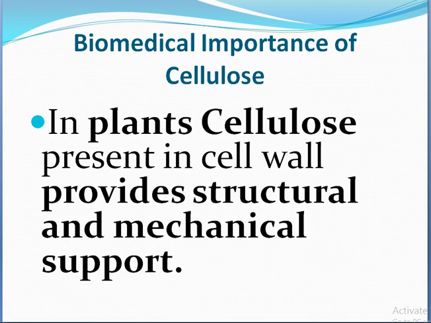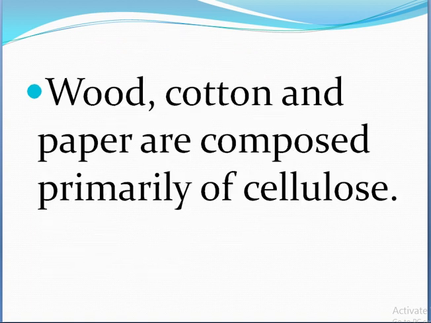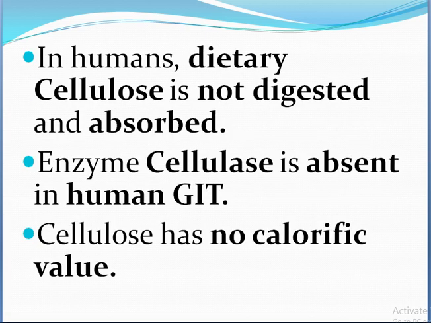The biomedical importance is that the cell wall structure provides mechanical support to the plant leaf. Wood, cotton, and paper are composed primarily of cellulose, and human dietary cellulose is not digested. Amylase breaks only alpha bonds.